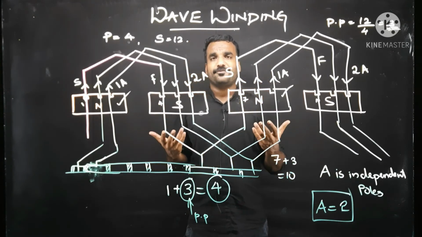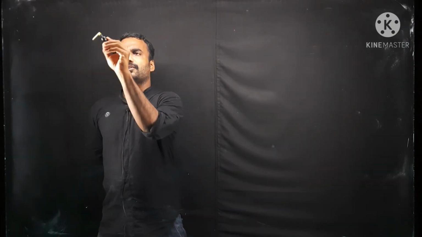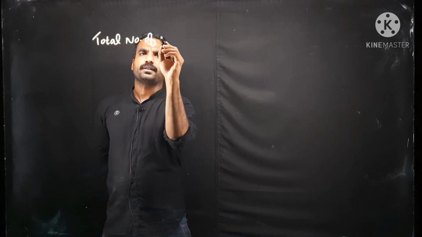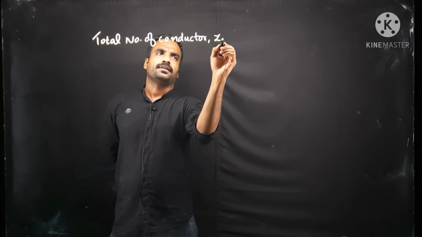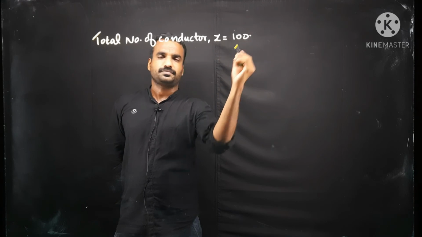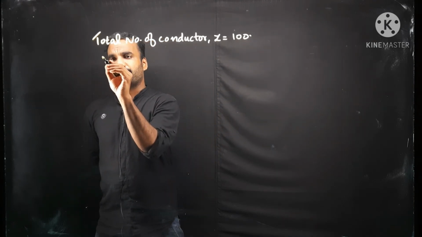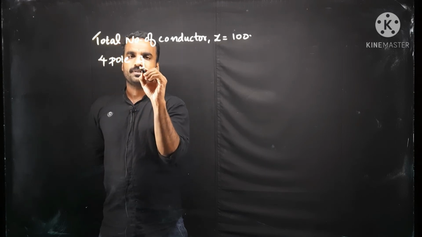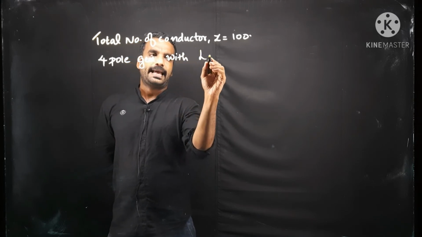Now I will explain what a parallel path is. Suppose we have the total number of conductors, generally denoted as Z, as 100, and we are using a 4-pole generator with lap winding.